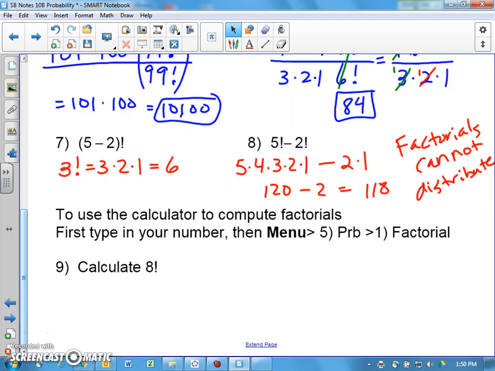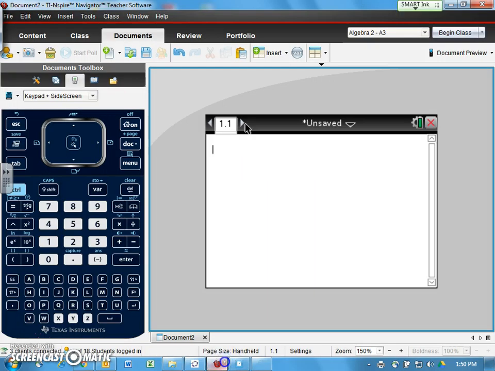Okay, so the calculator can be used to calculate these factorials because they do get big pretty quickly. So to do this, we would type in the number, and then this is giving you the instructions for using your calculator to make it give you your factorial. So if I wanted to calculate 8 factorial, what I would do is pull up my calculator.